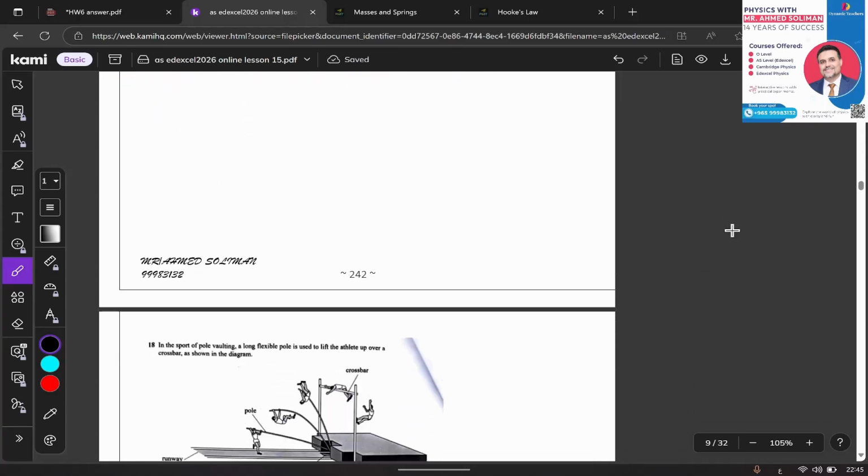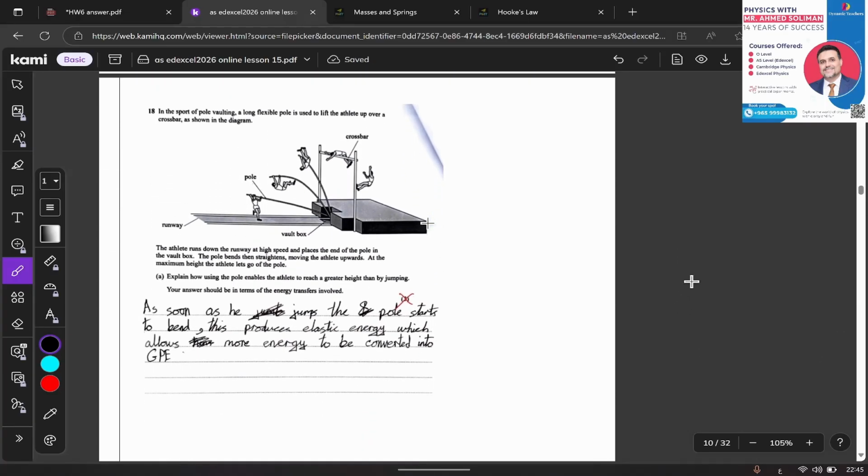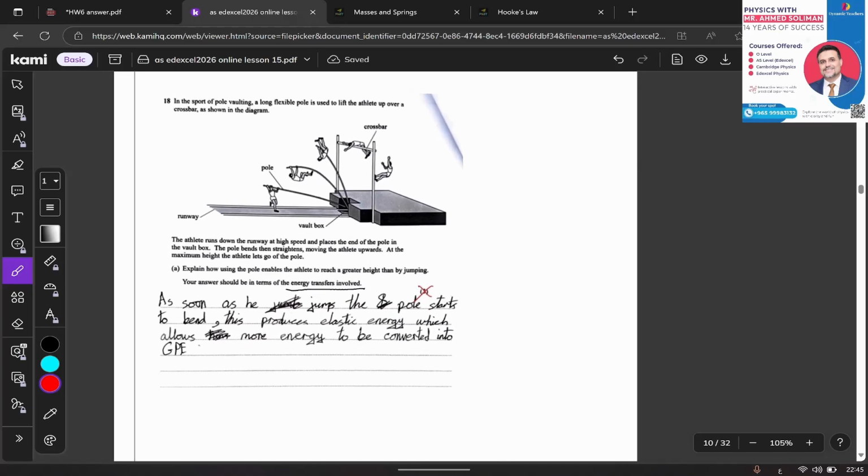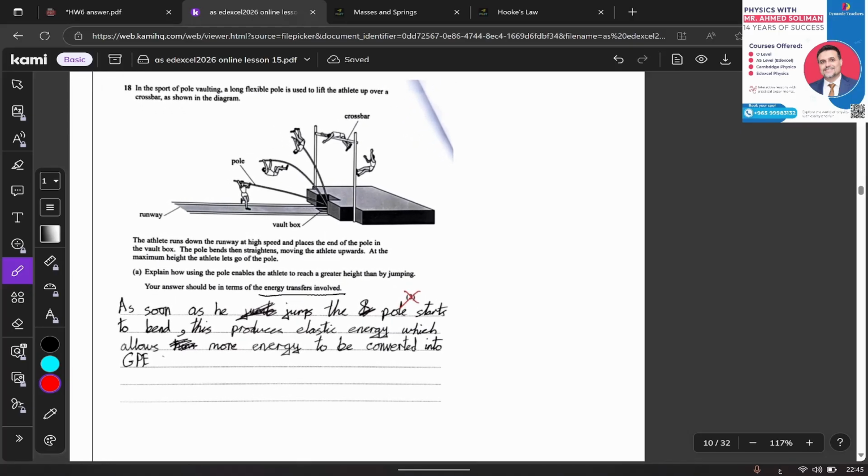Okay. Now let's continue. Now it's your turn, Habiba. Do you know the energy transfer, Habiba? Because they said your answer should be in terms of energy transfer. So what's the energy transfer here? In the beginning, when the person is running, they have kinetic energy.